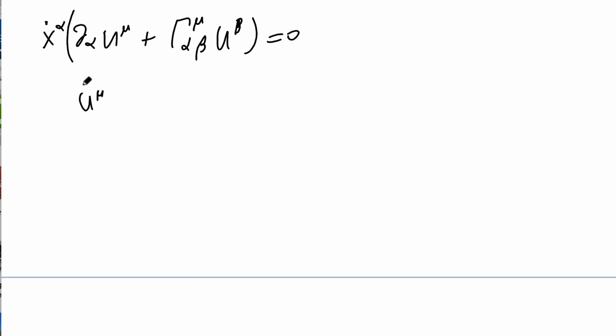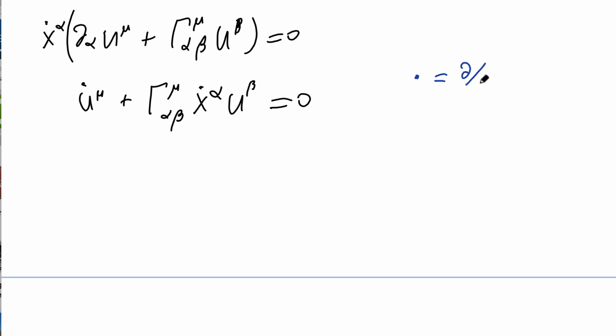And using the chain rule here, we find this is u mu dot plus gamma mu alpha beta x dot alpha u beta equals 0. So let's make sure the meaning of this equation is clear. The dot is d by d lambda. So here's our point P, here's our loop x mu of lambda, and we've taken a vector at the point P and parallel transported it all around the loop to create a vector whose components are u mu, and the components depend on the point you are on the loop, so it depends on lambda.